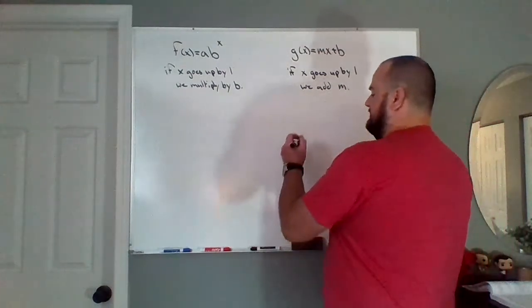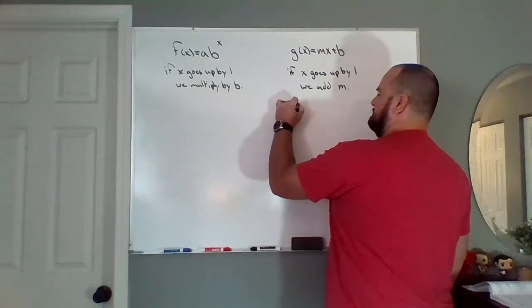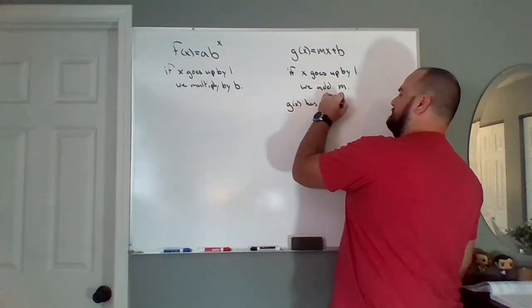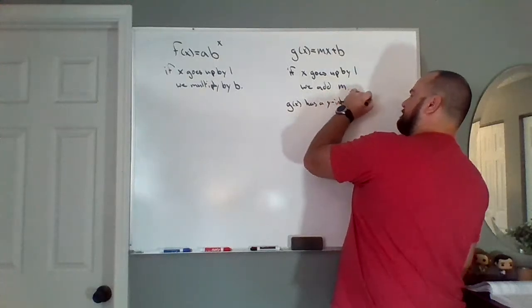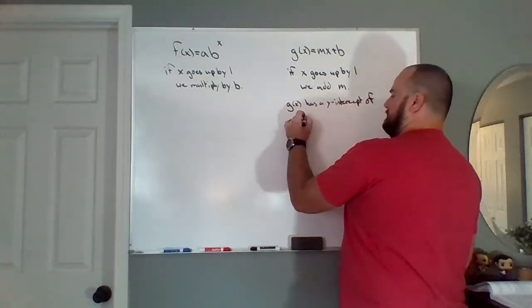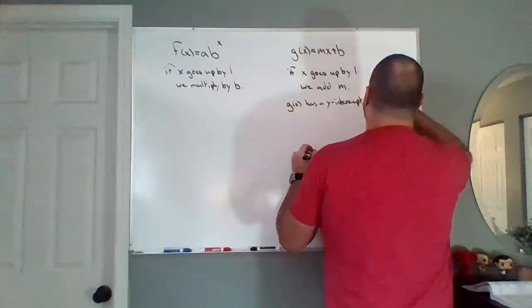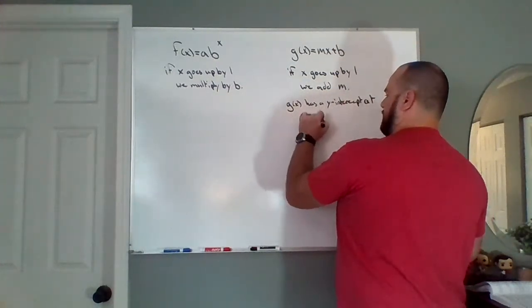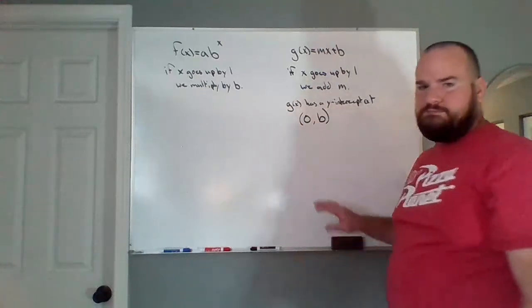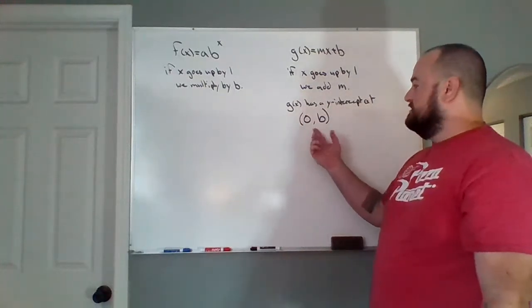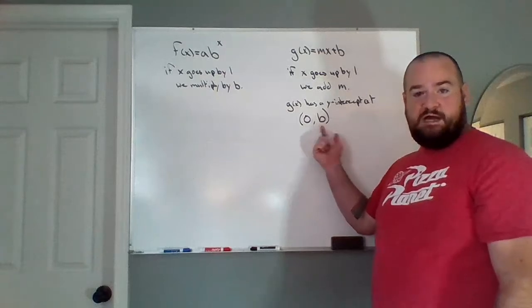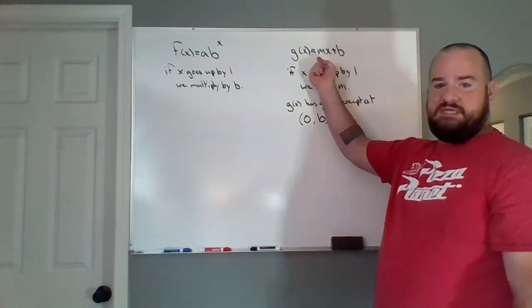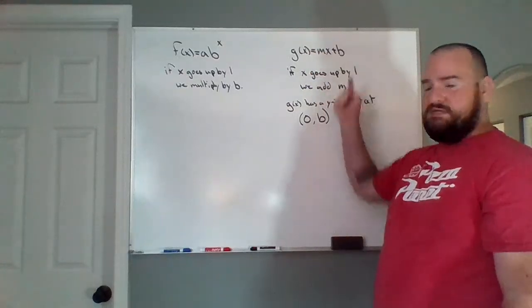So we know based on this that g of x has a y-intercept at the point 0, comma, b. And we can very easily show this because this is x comma y, right? So input, output. If x is 0, we get 0 times m is 0. 0 plus b is b.